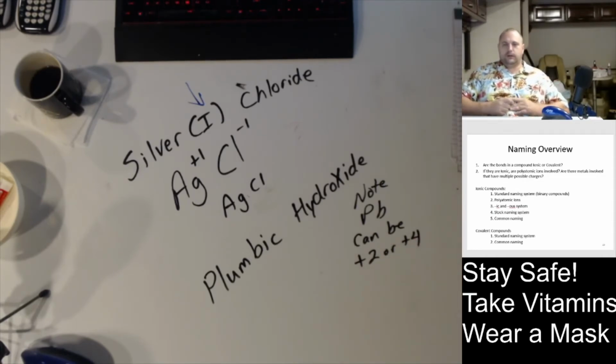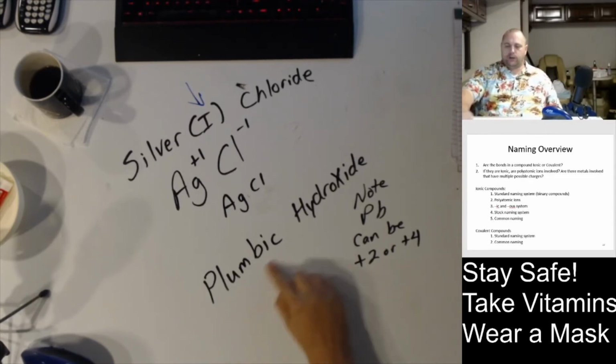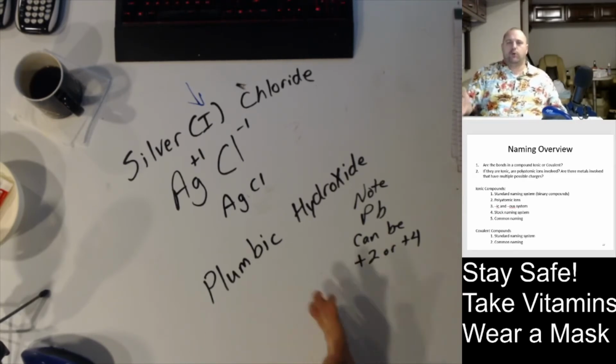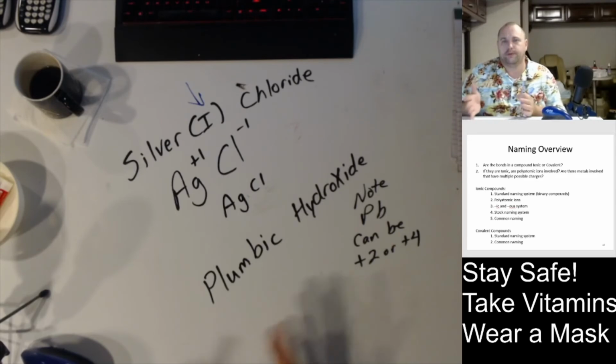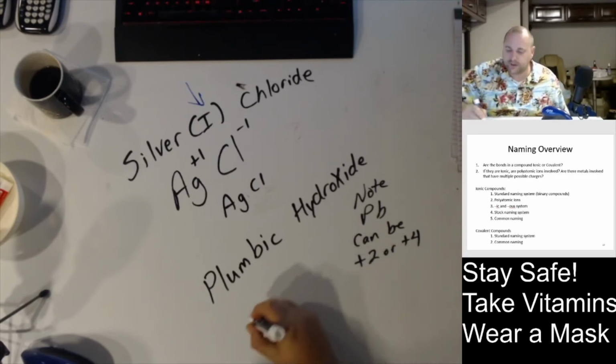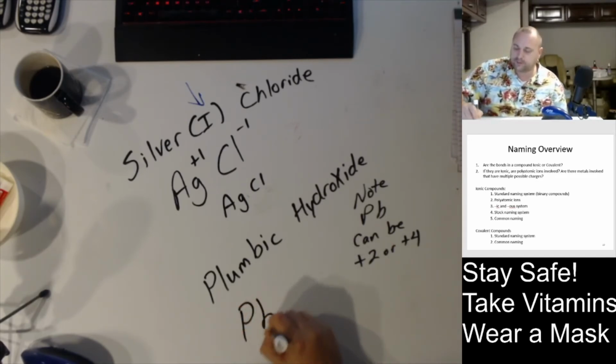That gives you a little bit of a hint. And plumbic, when I see this, I might not even know which element that is. So you're going to have to be at least familiar enough with the Latin, or on a multiple choice thing, say, hey, Dr. J is not going to try and trick me on the Latin.